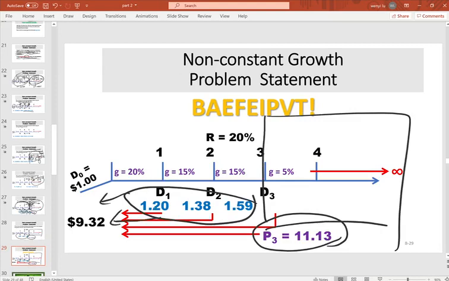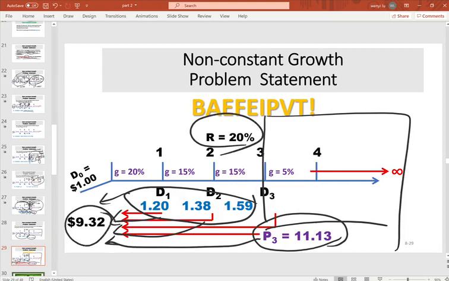So all these cash flows will combine into time 0. Use our discounting rate of 20%, you can solve our stock price, which will be $9.32.